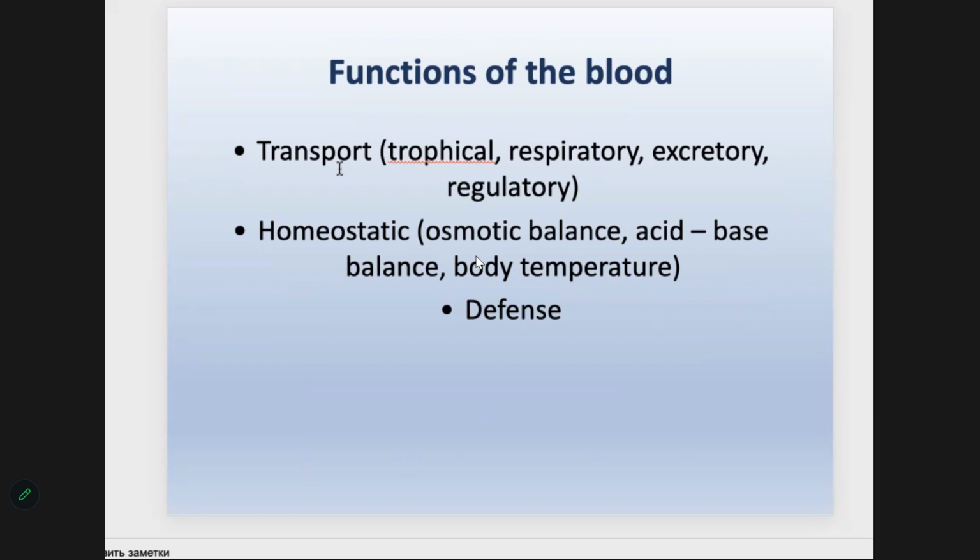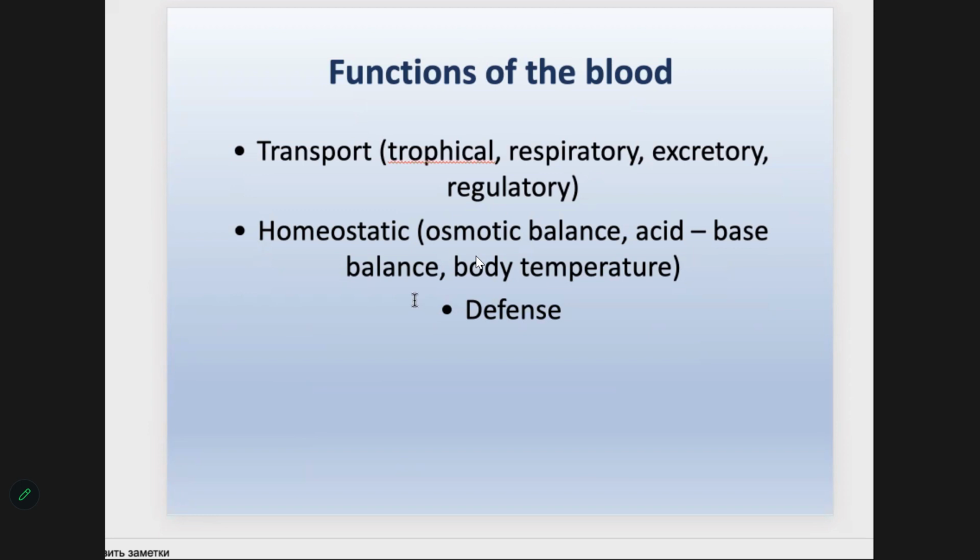The next large function of the blood is the homeostatic function. The formed elements and plasma of the blood participate in maintaining the constancy of the internal environment of our organism.